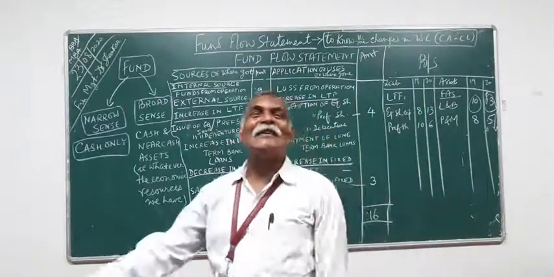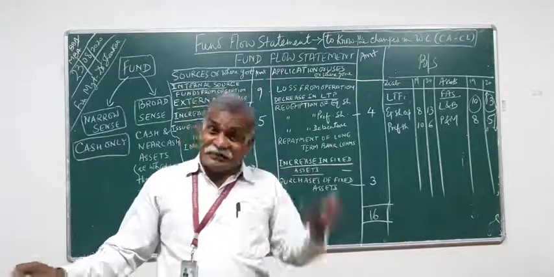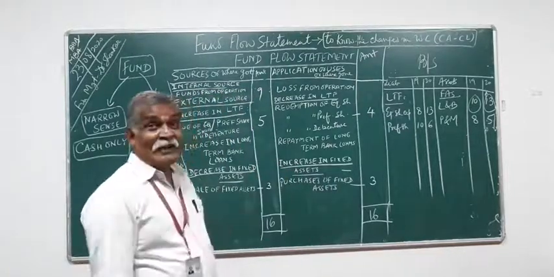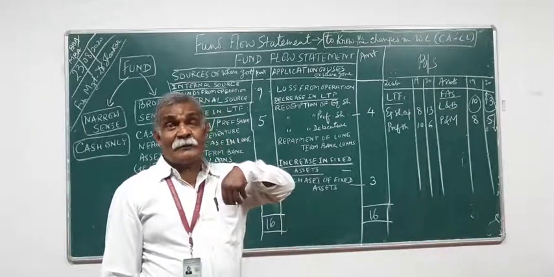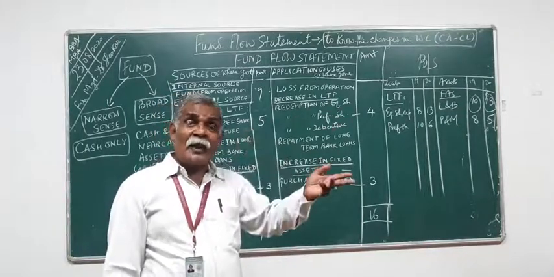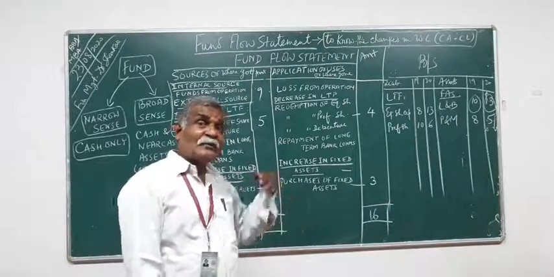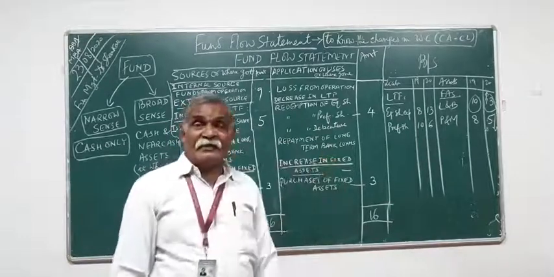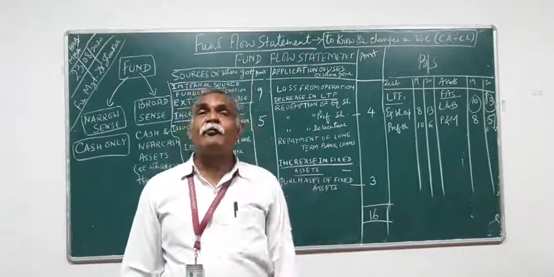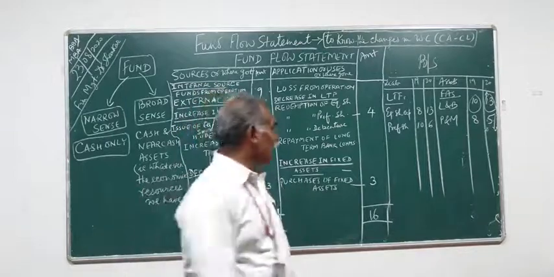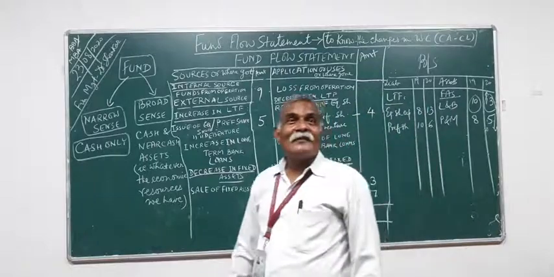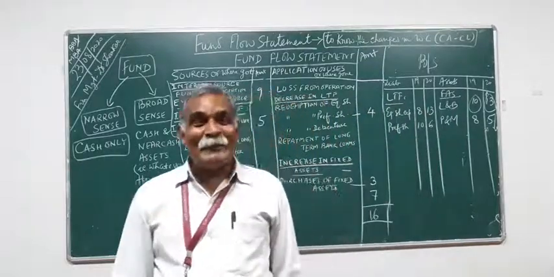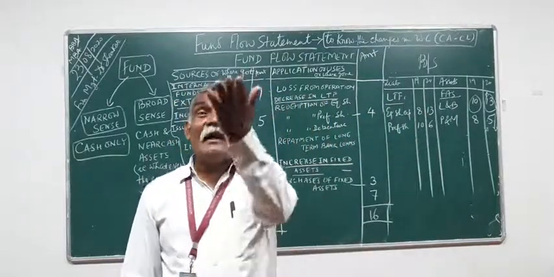That is the increase or decrease in working capital. Which side is heavier? The sources side is heavier. In your pocket, how much fund? You have 16 rupees. How much application do you have? Out of 16, you have utilized only 7. How much remains in your pocket? That is 7 rupees. This is because sources is heavier than application.